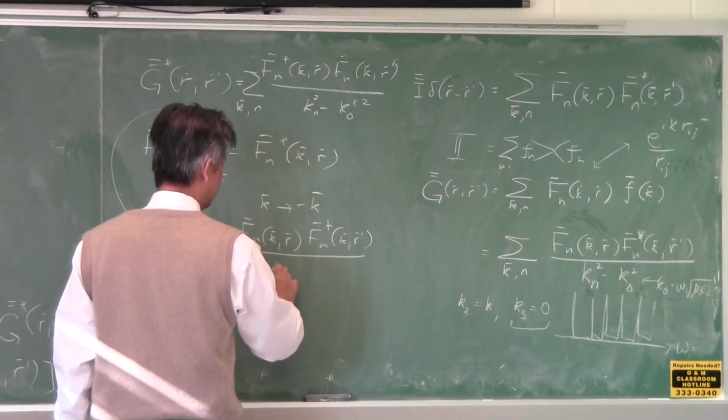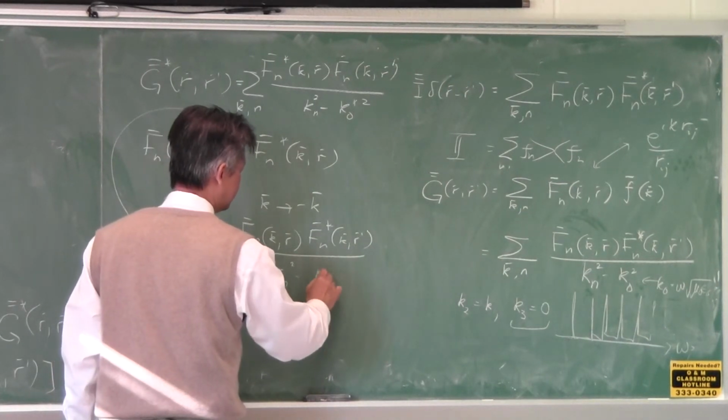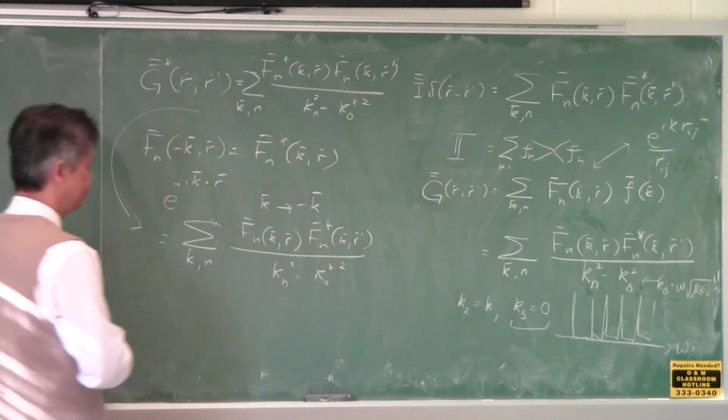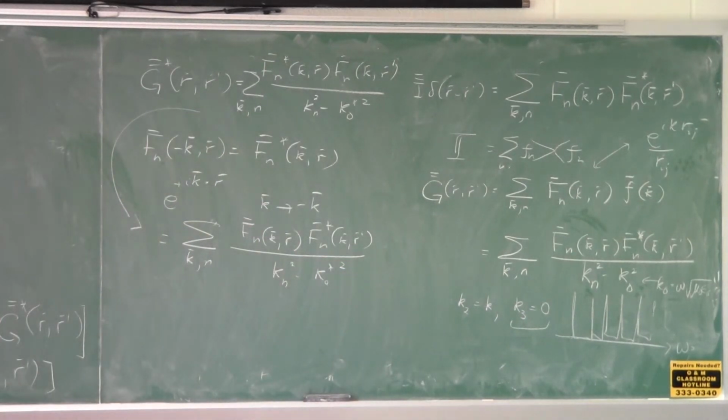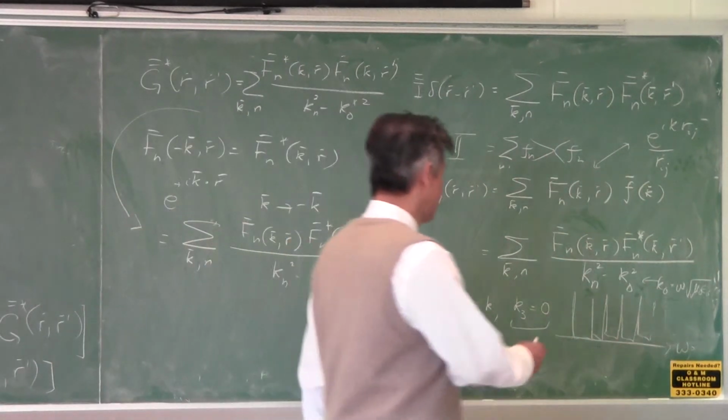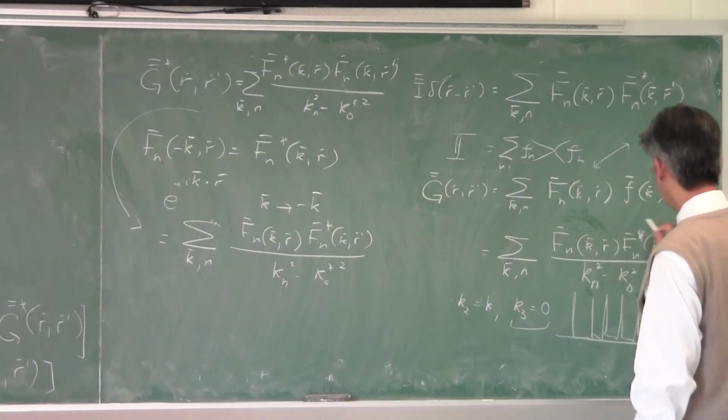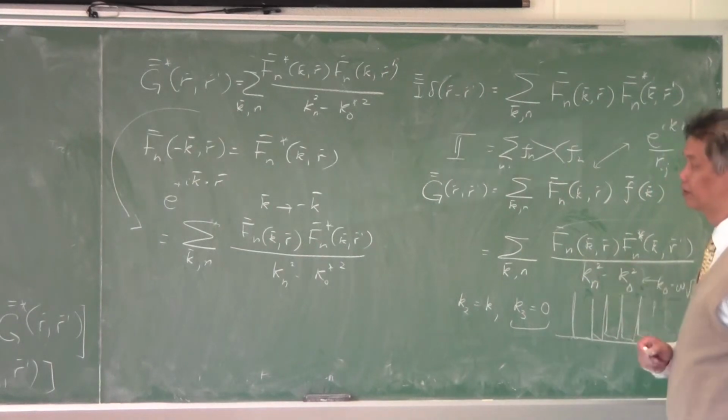And the only complication that remains in my equation then is this k0 star squared. Okay? So I can take the imaginary part of this by subtracting the 2. But then everything else is the same. This is the same. The only difference comes from here.